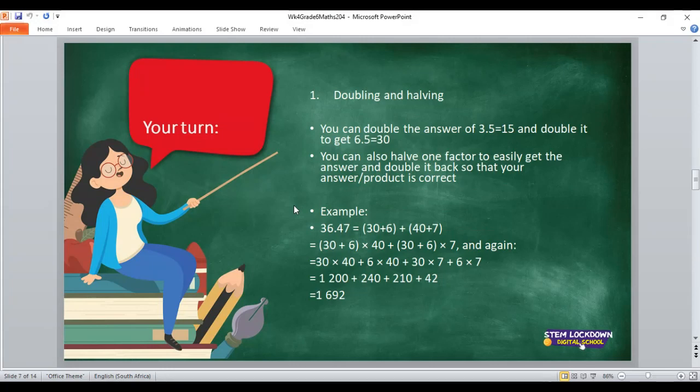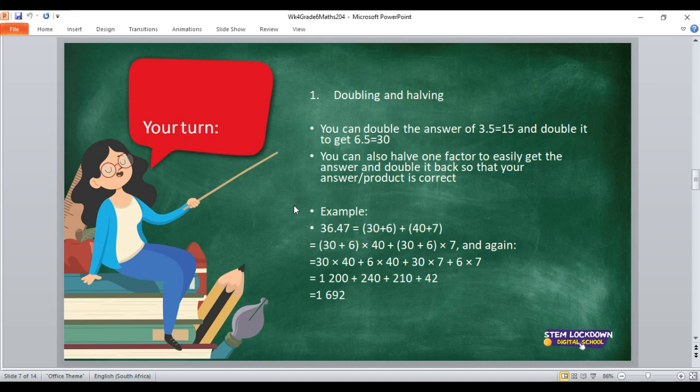Now we are on doubling and halving. You can double the answer of 3 multiplied by 5, which is equal to 15, and double it to get 6 multiplied by 5 equals 30. Which number have we doubled here on our screen? It is the 6, the first factor.